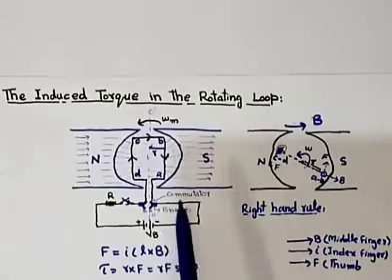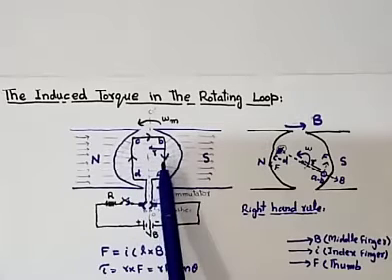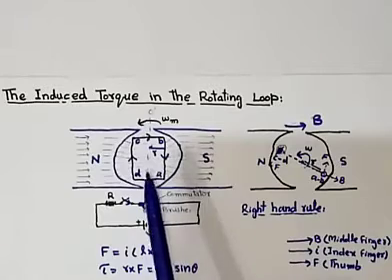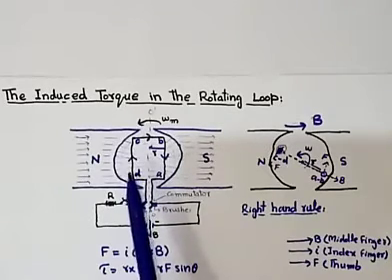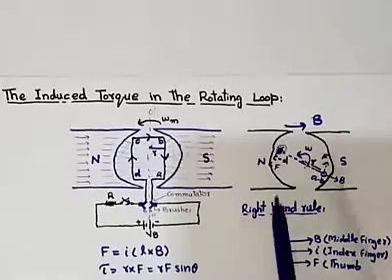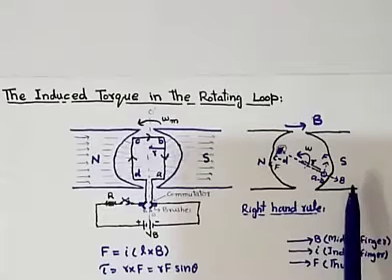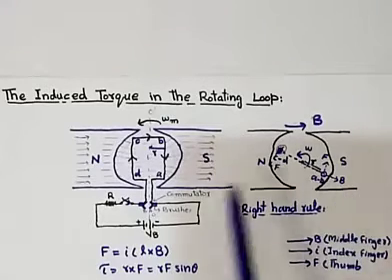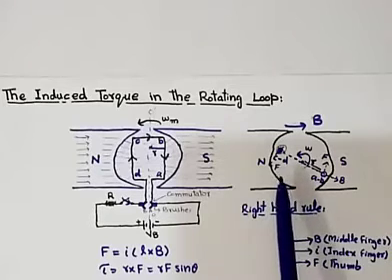As you can see in this diagram, conductor AB is getting current like this, that is outward, and conductor CD is getting current like this, that is inward. So this is the North Pole and this is the South Pole. This is my conductor AB and this is my conductor CD.